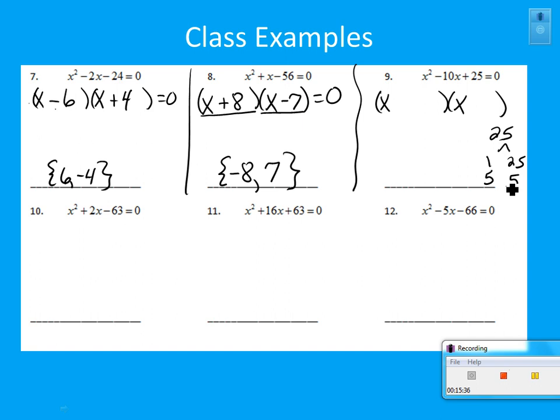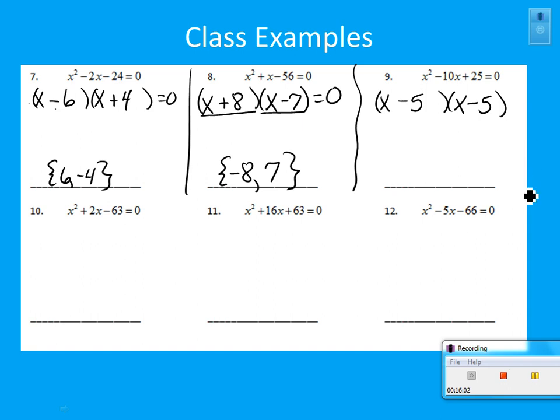I need them to multiply to be positive 25, but add up to be negative 10. Well, that one doesn't help me any. But I'm going to go minus 5, because negative 5 times negative 5 is 25. Negative 5 and negative 5 make negative 10.